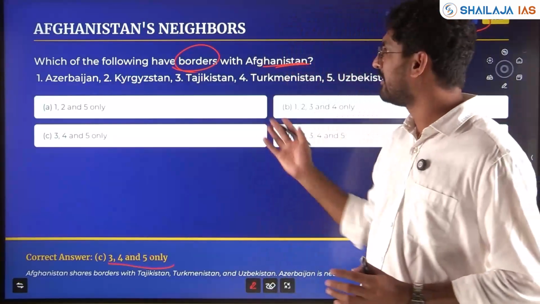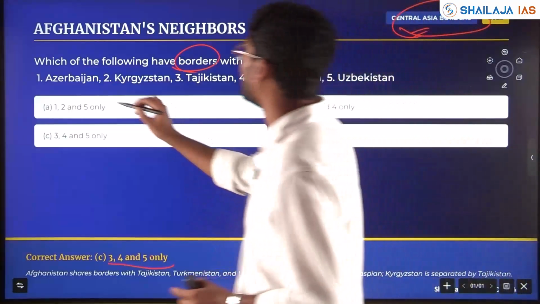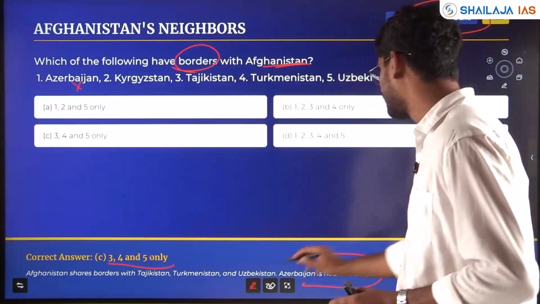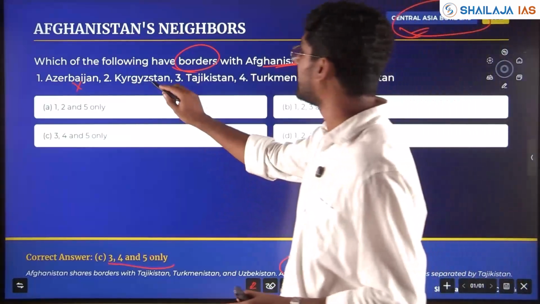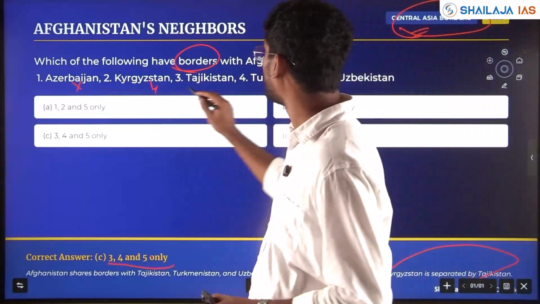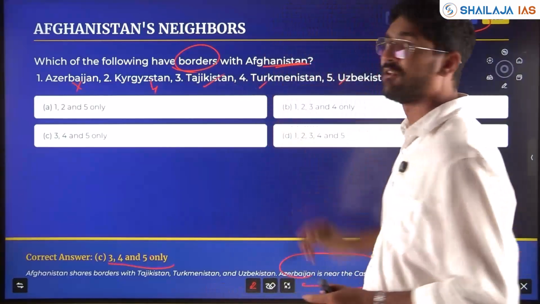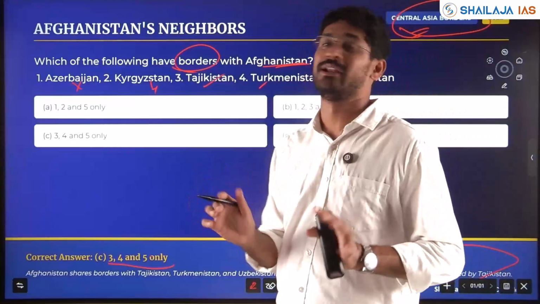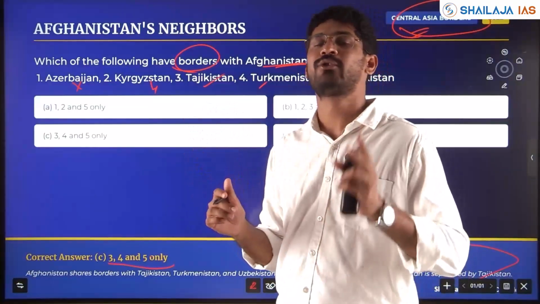But here he has given options also. You know, Azerbaijan does not have direct connection because it is near Caspian. Then Kyrgyzstan, you have Tajikistan in between. So statements 1 and 2 are wrong. 3 right, 4 right, 5 right. If a pair was there, 5 and 3 is a general list but need not be. In the Ukraine war, you saw out of 6 only 2 were right.